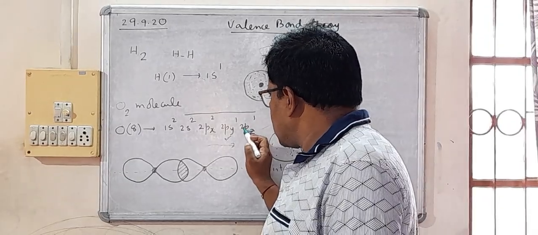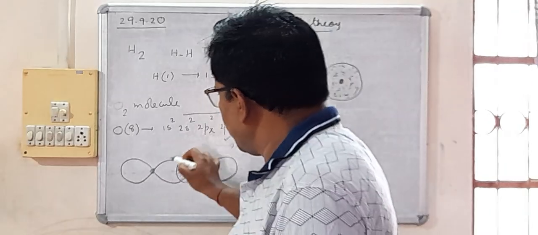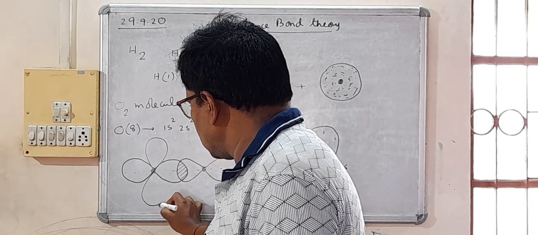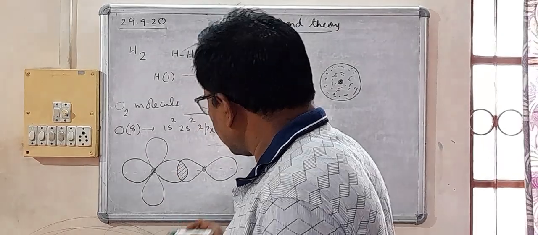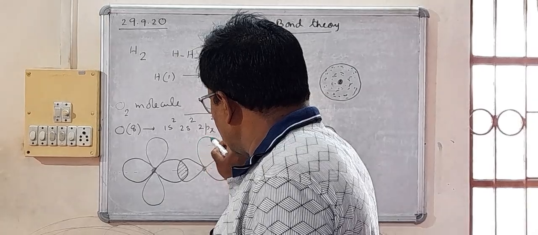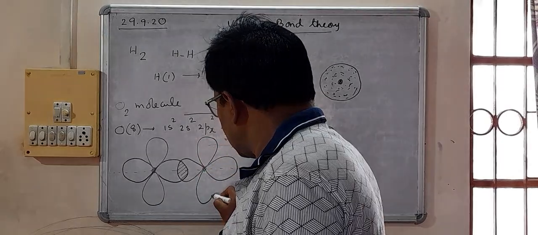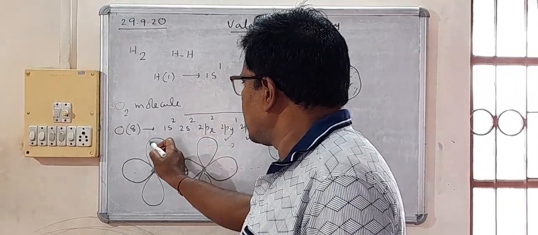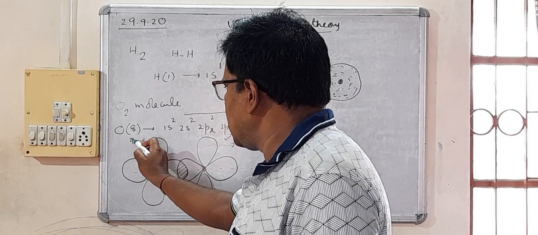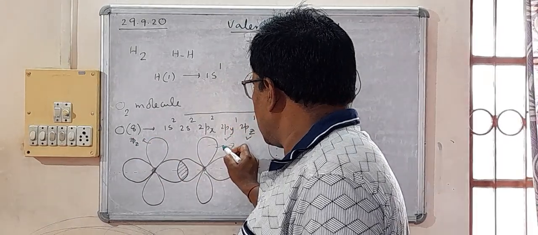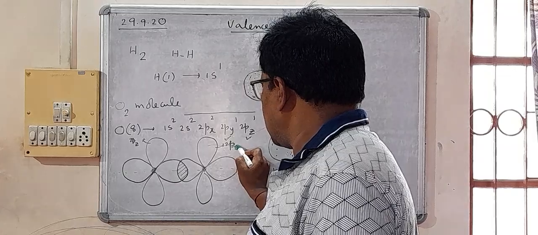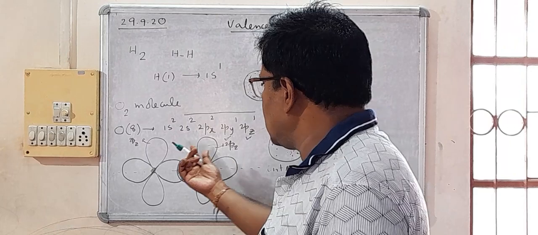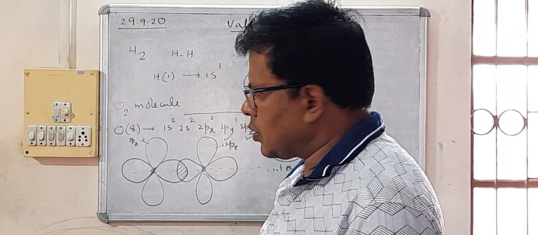Now, what about this 2pz, which is also half filled? Now 2pz will be this one. This is 2pz. This is also 2pz. Obviously, they will be parallel to one another, and these two orbitals are also very close.